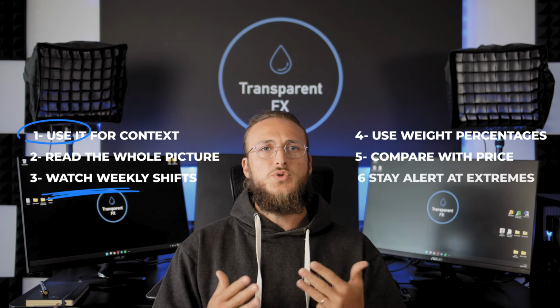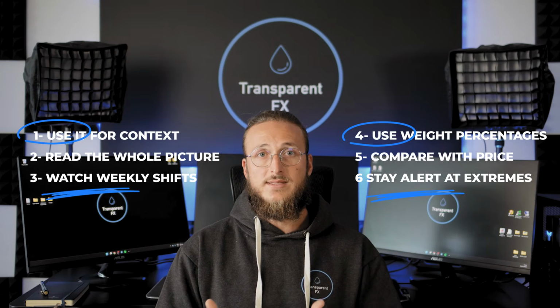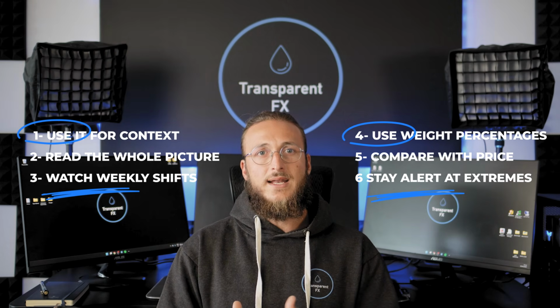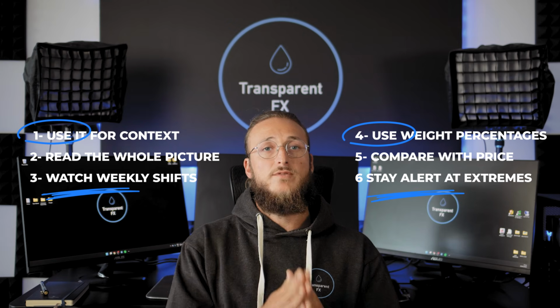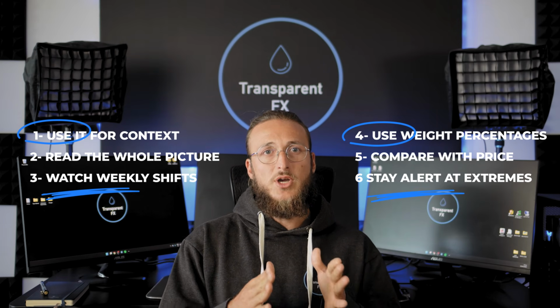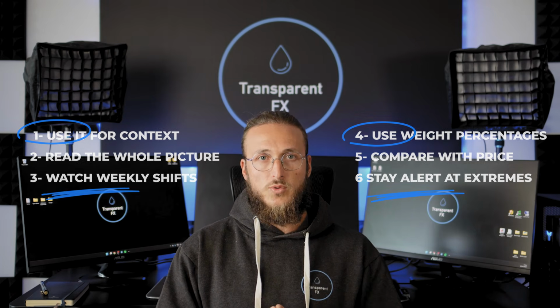Number four, use the percentages to judge how meaningful the exposure really is in relative terms. Number five, always compare the data with the chart. And number six, when the market becomes very one-sided, become more selective and more alert, because that is often where the most interesting shifts start to happen.